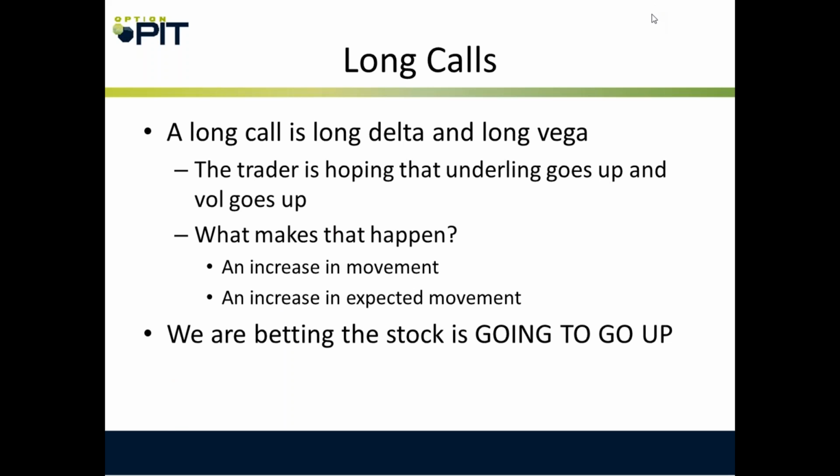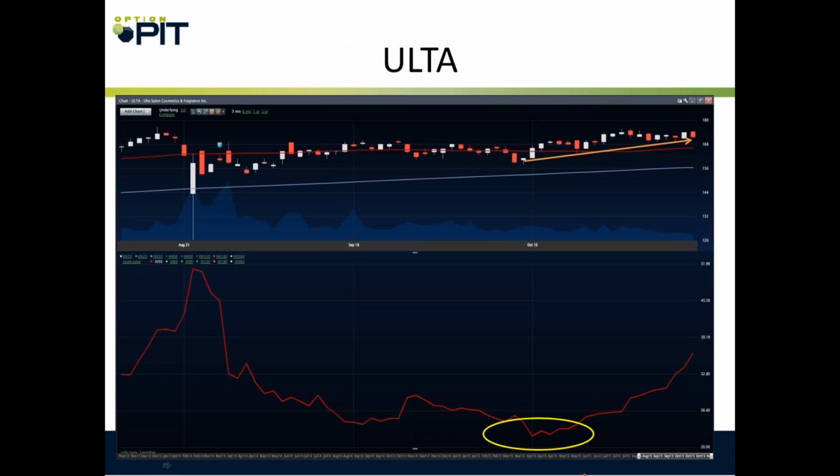All right? When you buy calls, you're betting the stock's going to go up. Here's Ulta. Ulta Cosmetics. This is one I've traded a bunch. You can see implied volatility hits a 3-month low here. Meanwhile, the stock is down.